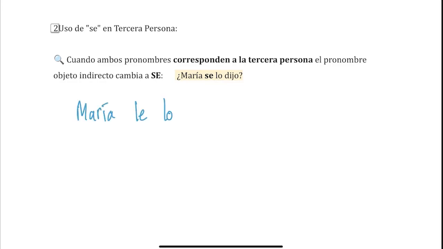So if we do it as we were doing it before, we will find that le is the indirect object to her or to him, but this le and lo cannot go together because it will not favor the fluidity of the language. Therefore, it's necessary to replace that le for se. María se lo dijo, much more fluid than María le lo dijo.